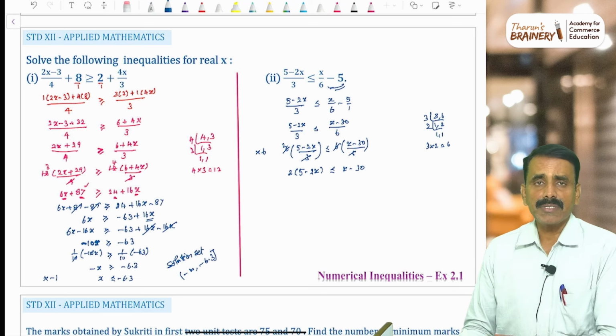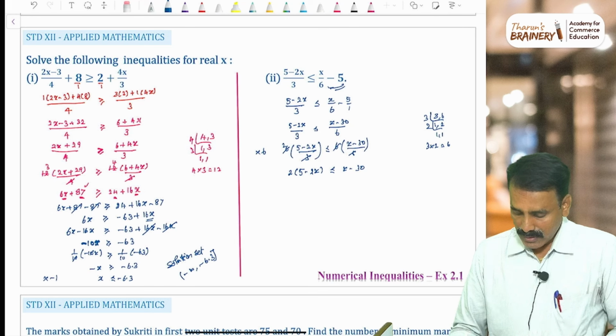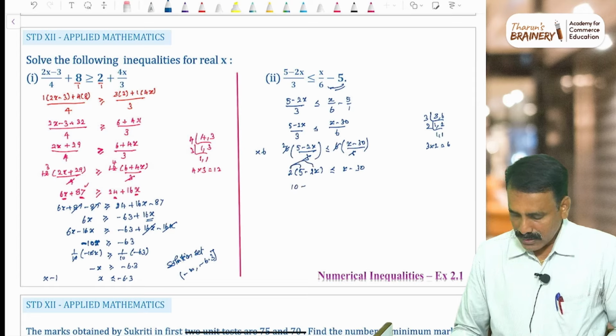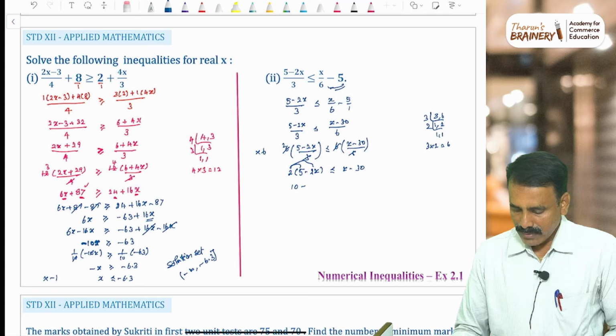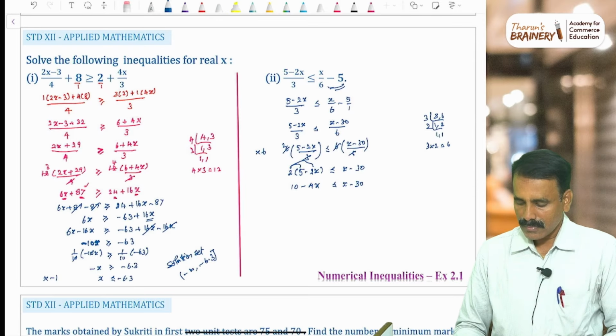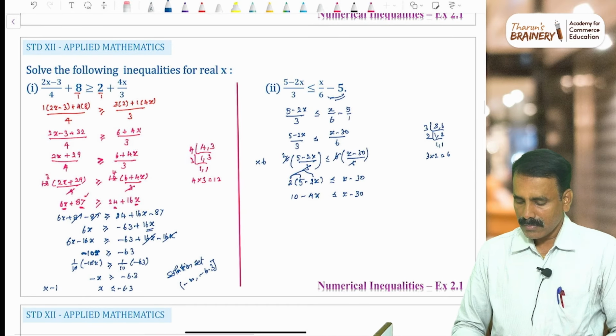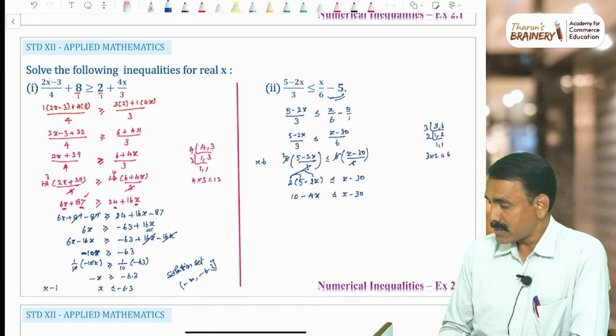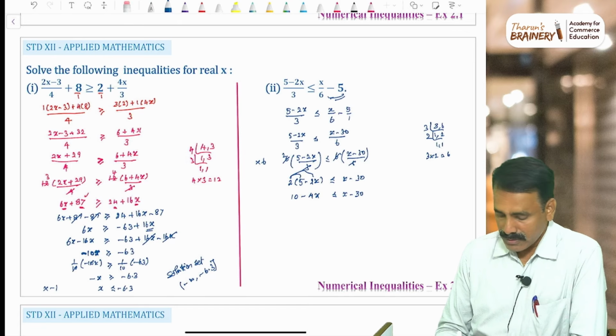We simplify this expression now. Okay. So 2 into 5, 10 minus 2 into 2x, 4x less than or equal to x minus 30. Now left hand side we have an x term and a constant term, right hand side also we have an x term and a constant term. We try to simplify.